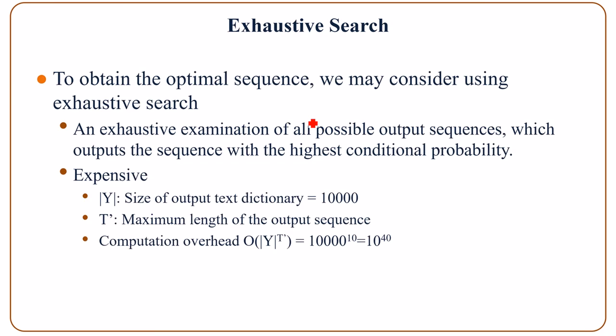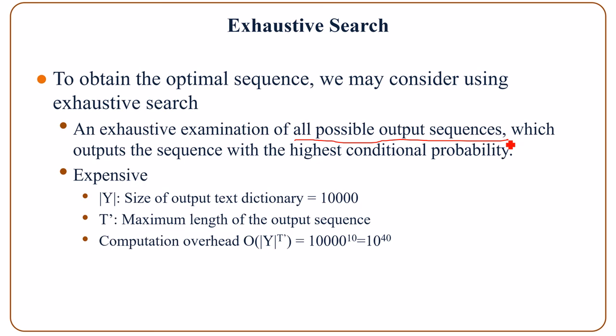Knowing some drawbacks of the greedy search, what can you do differently? One of the ways is to consider the exhaustive search. This approach examines all the possible output sequences and then outputs the sequence with the highest conditional probability.